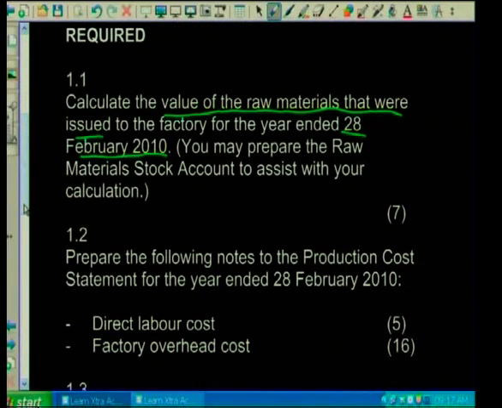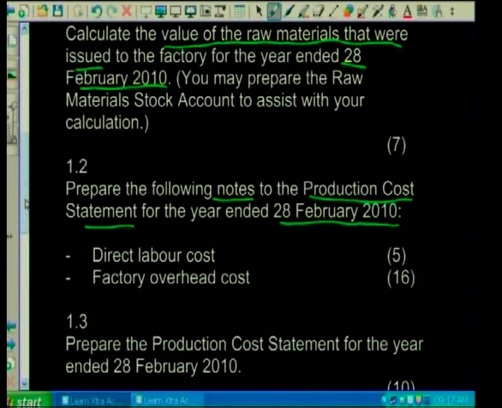All right, let's look at the next part of the question. 1.2, prepare the following notes to the production cost statement. Production cost statement for the year ended 28th Feb 2010. So let's look at what notes we need to complete. Direct labor cost is one of the notes for 5 marks, and then factory overhead cost is the second note that we have to prepare.